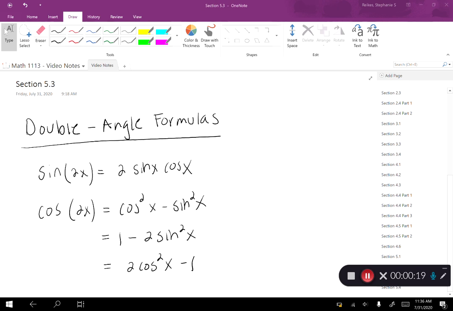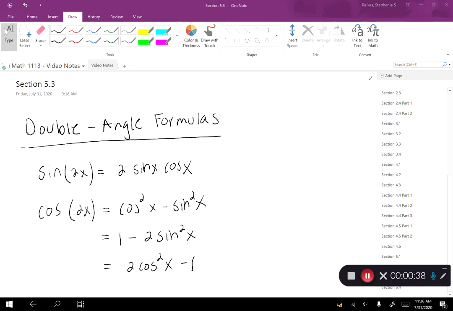Sine of 2x is equal to 2 times sine x cosine x. Next, we have cosine 2x. There are three possibilities you can use for solving, depending on the information given in the problem.